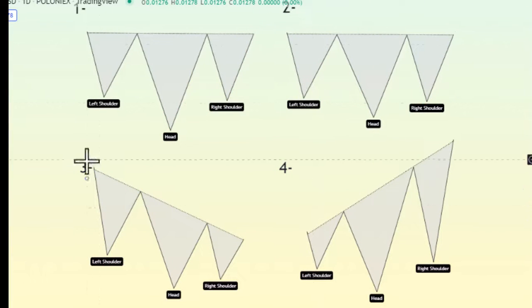These four types of this pattern could happen at the end of a bearish trend, and it's upside down.